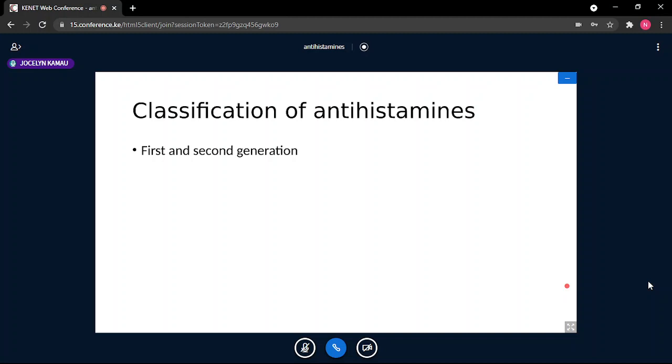Of course, the compound will have structural similarities with histamine to be able to bind the same receptor, but it will also have some structural differences, because remember, the antihistamine is not an agonist like histamine. The antihistamine is an antagonist.